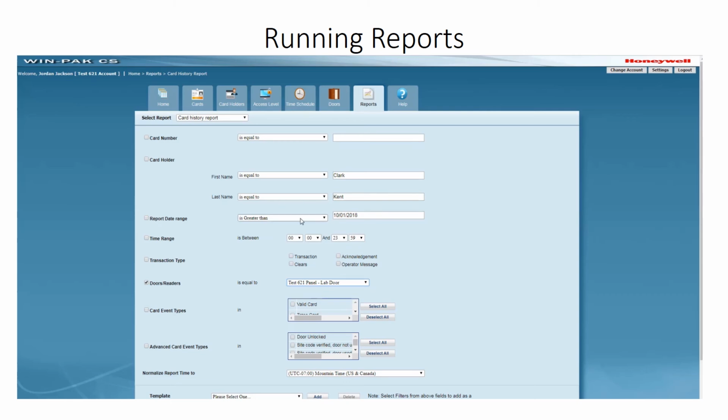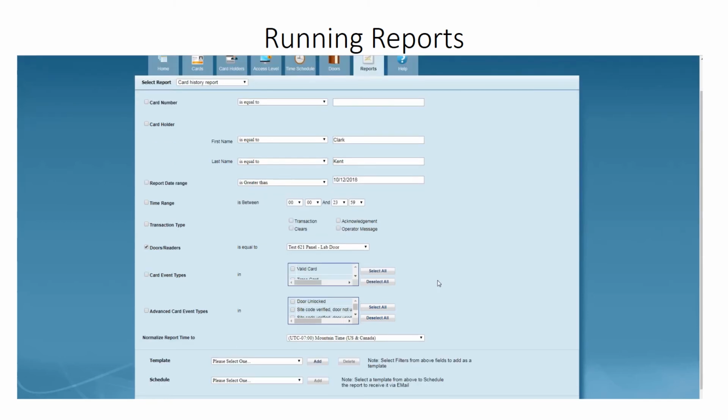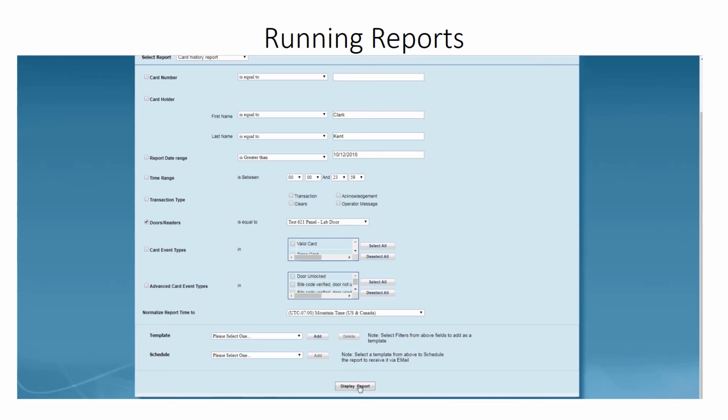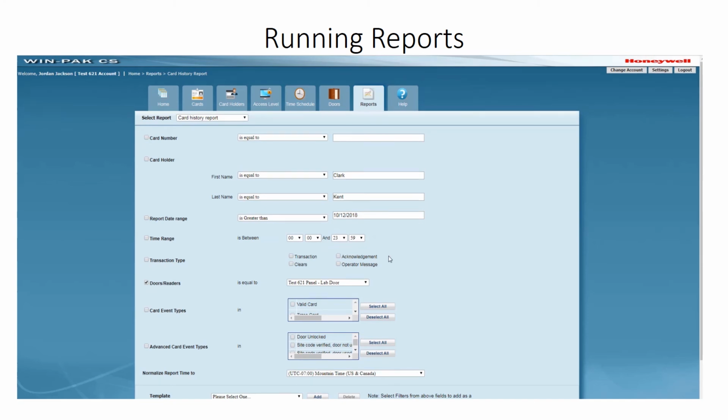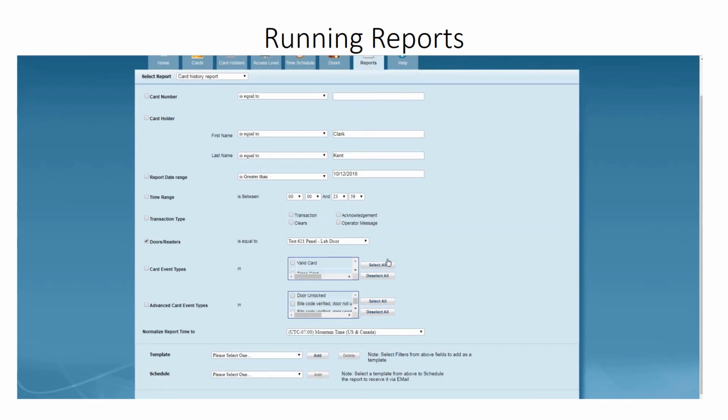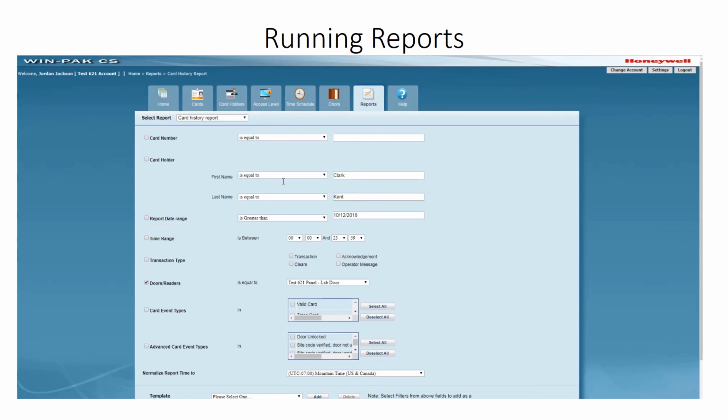I'm only interested in today's date, so I could select today's date, and then when I hit display report down here, it would show me who came in to just the lab just since midnight today, and I could then go talk to them and say, hey, what happened to that piece of equipment, or why didn't you clean up, or whatever the case may be. So reports are really helpful, the card history report being the one that you will use most often to solve those mysteries of who did something or where it occurred.